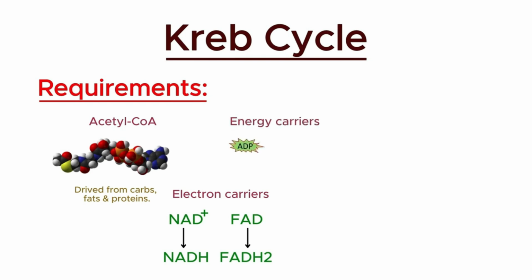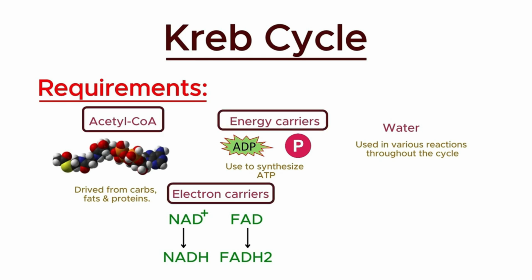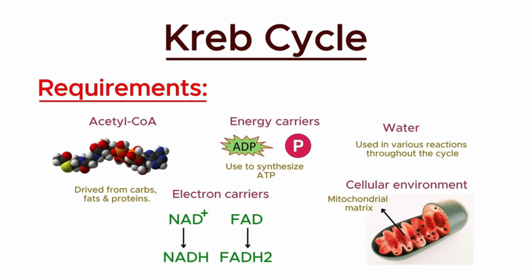Additionally, ADP and inorganic phosphate are needed for ATP synthesis. Finally, water is used in various reactions throughout the cycle. So to recap, for the Krebs cycle, acetyl-CoA, electron carriers, ADP, inorganic phosphate, and water are needed. Besides all of these, we need a cellular environment, which is obviously the mitochondrial matrix.